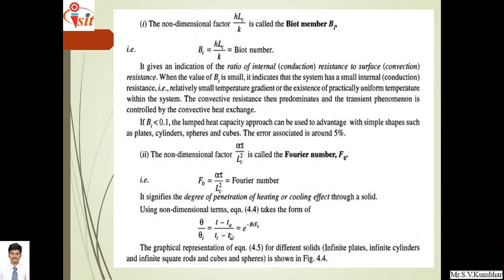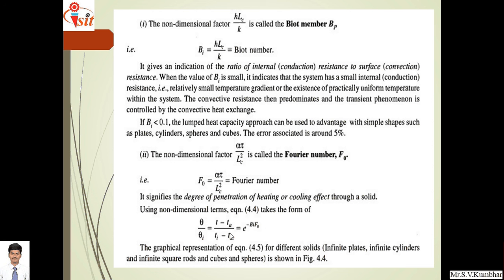Now, the non-dimensional factor hLc/k is known as the Biot number. That is, it is the ratio of internal conductive thermal resistance to surface convective thermal resistance. So what is the significance of the Biot number? The Biot number gives an indication of the ratio of internal conduction resistance to surface convection resistance.